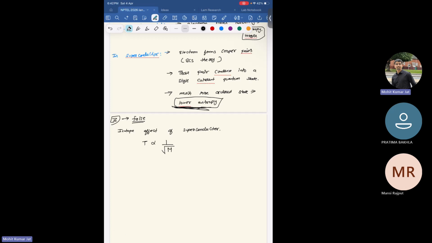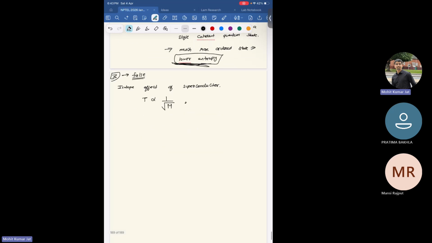It will be square root of m, and since it's not proportional to 1 by m, it's 1 by square root of m, that's the reason it is false. So your response was correct, but the reasoning was slightly off.